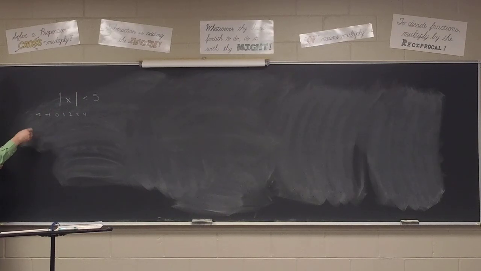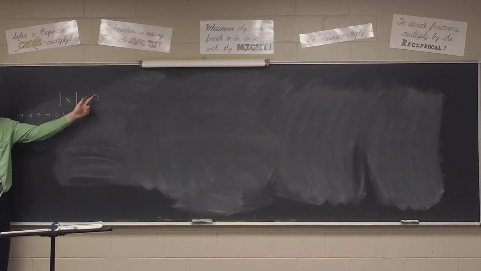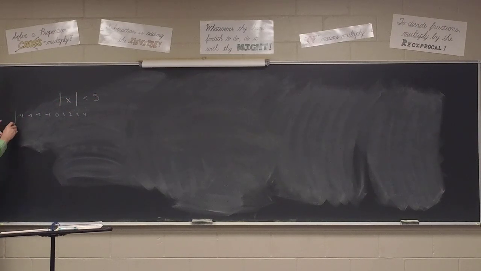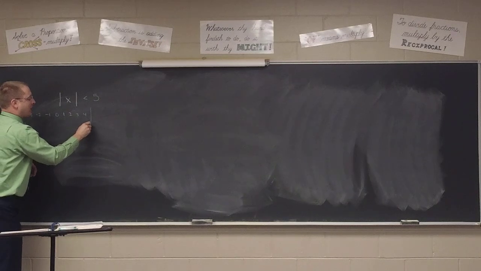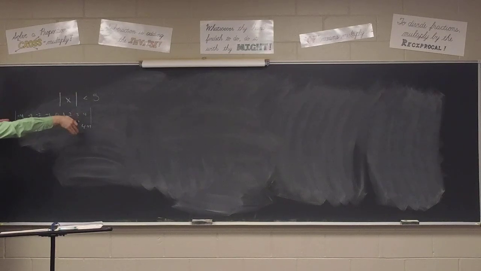Negative 2, negative 3, negative 4. Ooh, wait, the absolute value of negative 5 would be 5. Is 5 less than 5? No, so we realize if we took the absolute value of any of these, even negative 4.99 technically, right? Even like 4.9. But basically anything in this group of values, the absolute value would be less than 5.